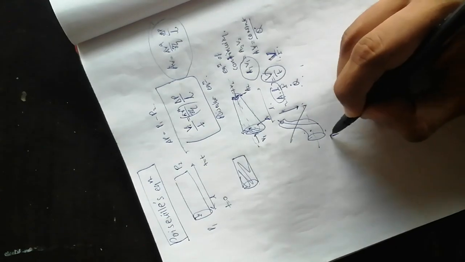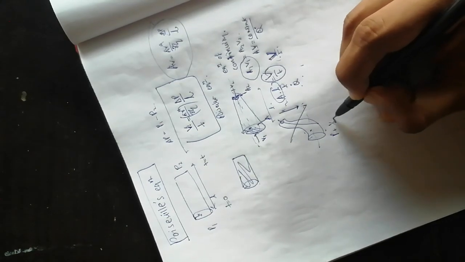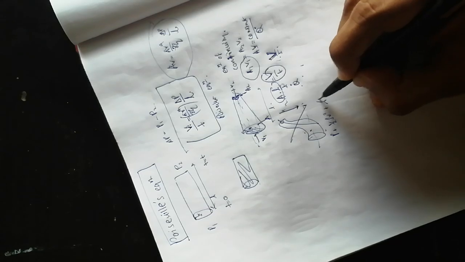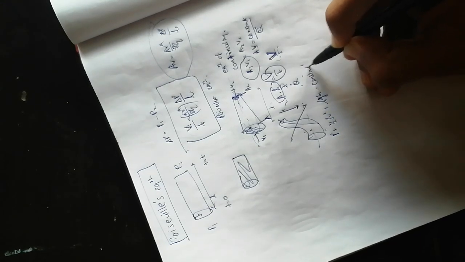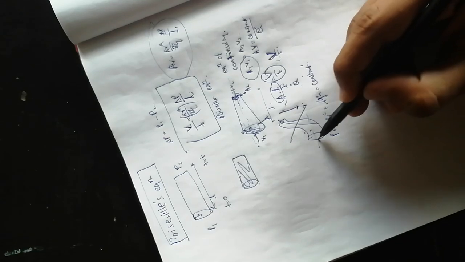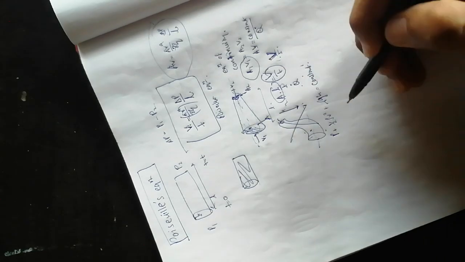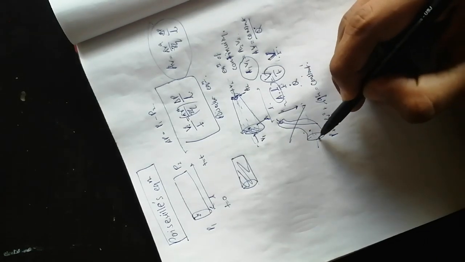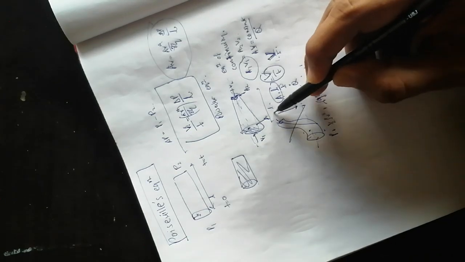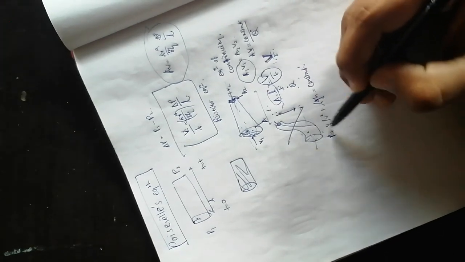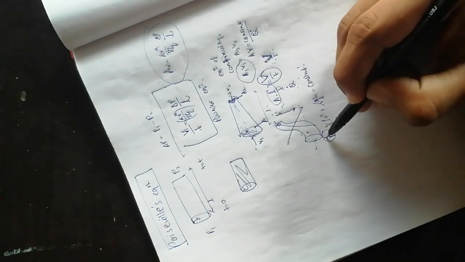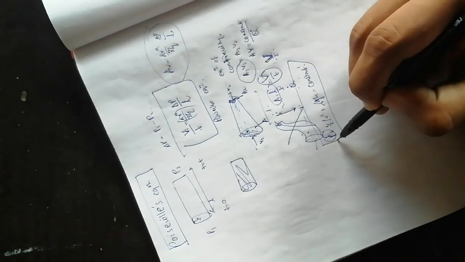What did Bernoulli say? P plus half rho v squared plus rho g h equals constant. The total pressure over here is equal to the total pressure over here. Something like energy: kinetic energy plus potential energy here will be equal to kinetic energy plus potential energy here. But additionally, because there is a flow, there is an additional pressure. So this is Bernoulli's equation.